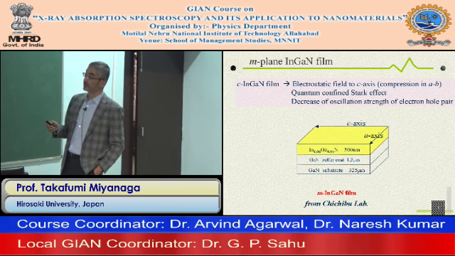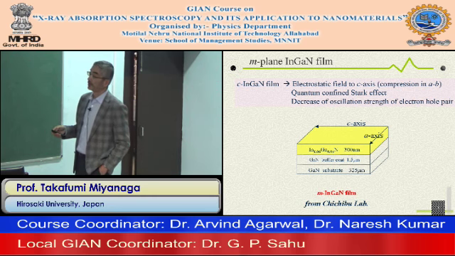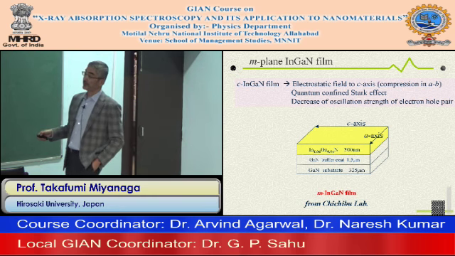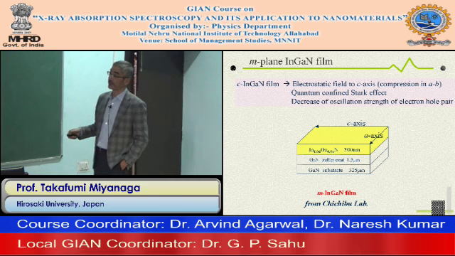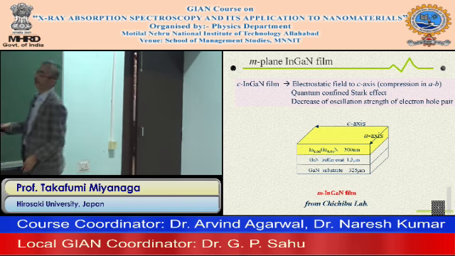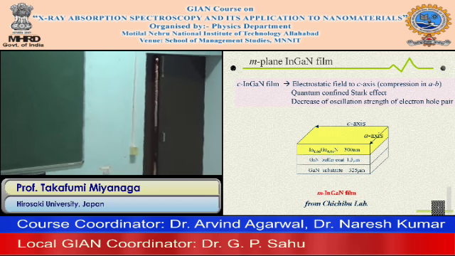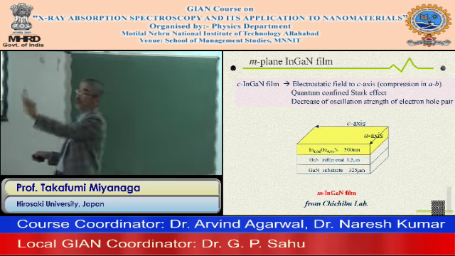What is the disadvantage of these C-plane samples? Atomic compression appears in the AB plane, so the atoms are distorted along the C-axis.